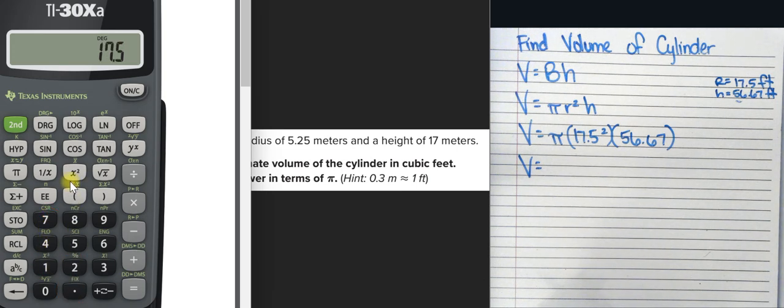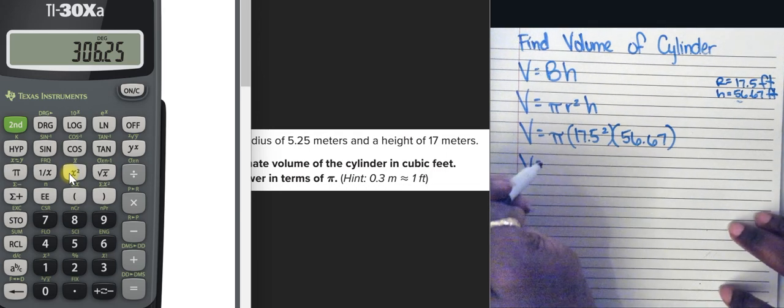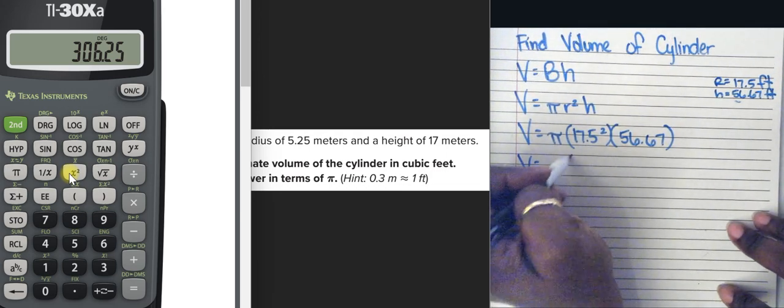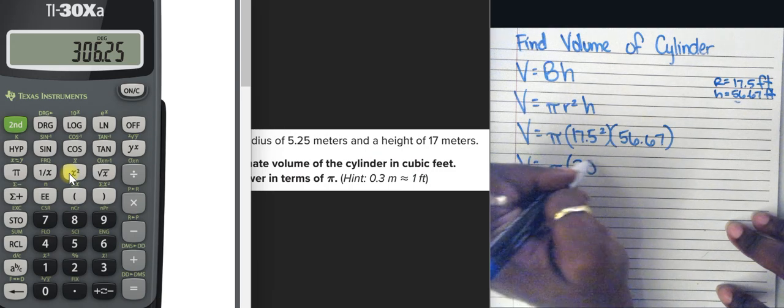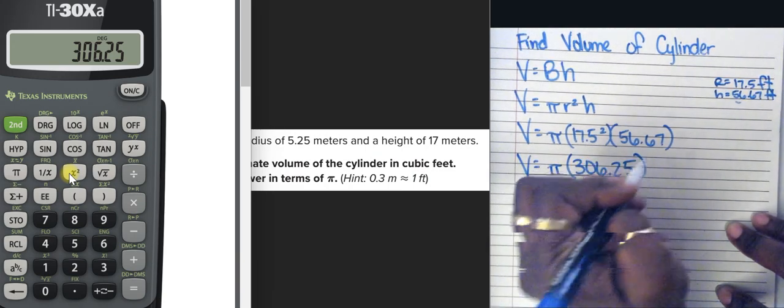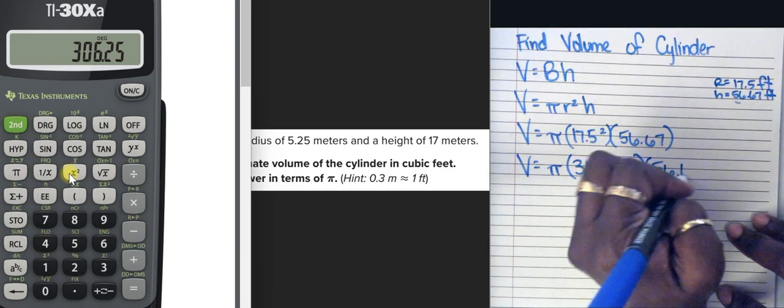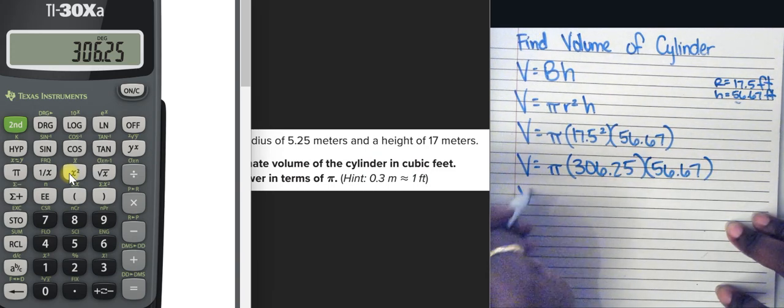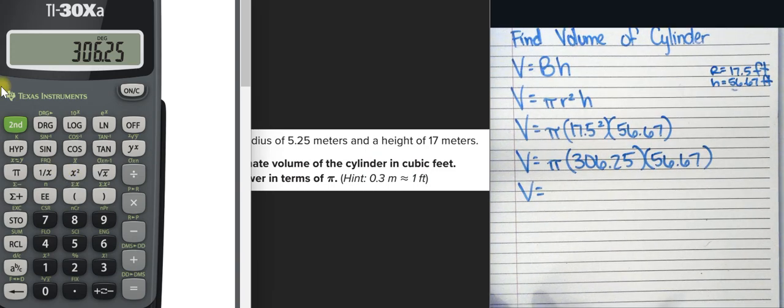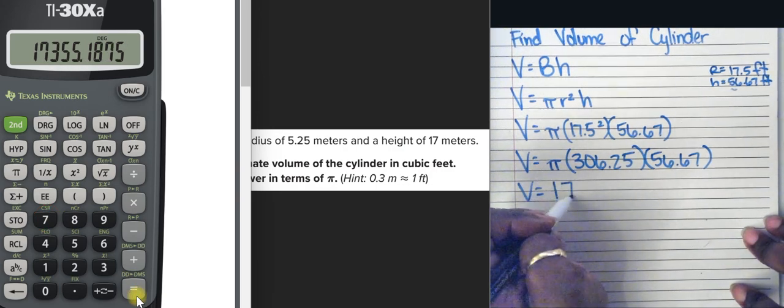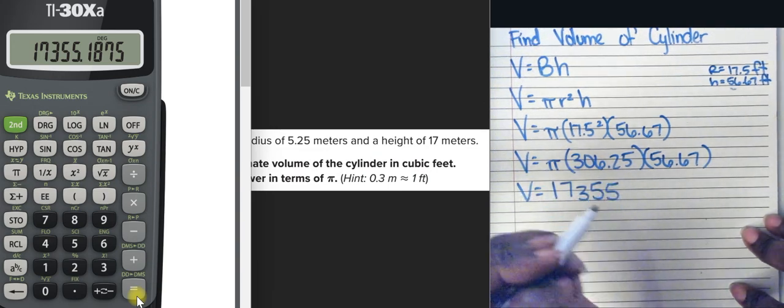So our volume then is going to be, let's see, 17.5 squared. So that's pi times 306.25 times 56.67. So 306.25 times 56.67 gives me 17,355.15.